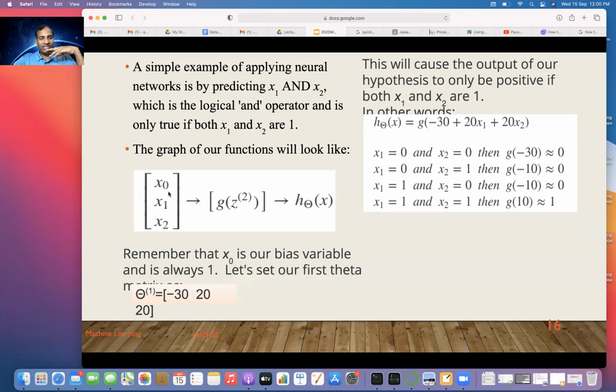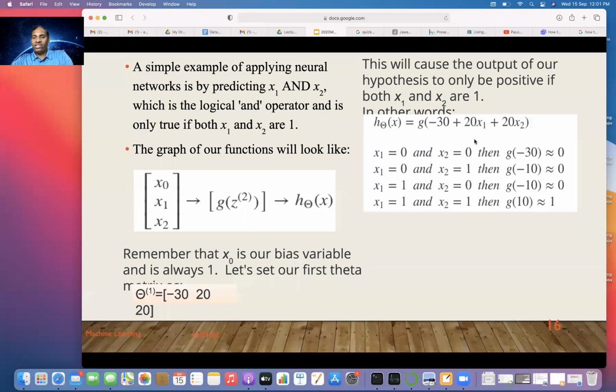Minus 30 x0 plus 20 x1 plus 20 x2. Even if one of x1 and x2 is 0, what will happen here? Minus 30, and of the remaining terms only one is 1, the other is 0. If you see here, x1 equal to 0 and x2 equal to 0, then on the right side you get g of minus 30.